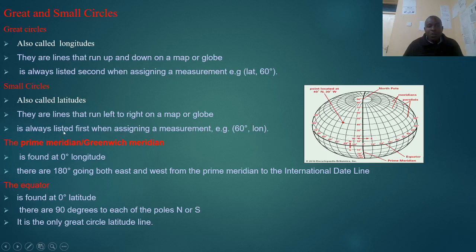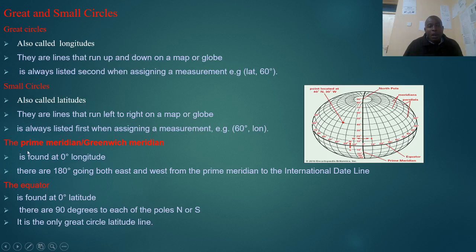And they are always listed first when assigning a measurement. They are now the X. On a Cartesian plane, we say XY. Now the latitude becomes the X here. So when naming on a globe, we say latitude followed by longitude. In this case, the latitude is 60 degrees.